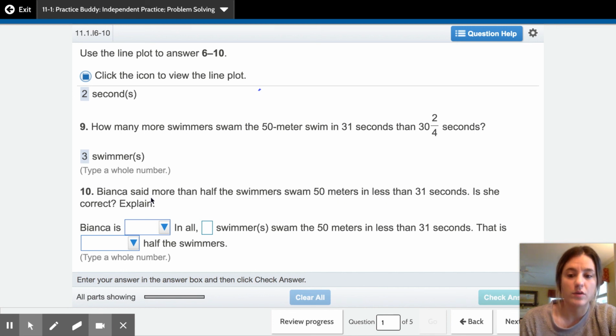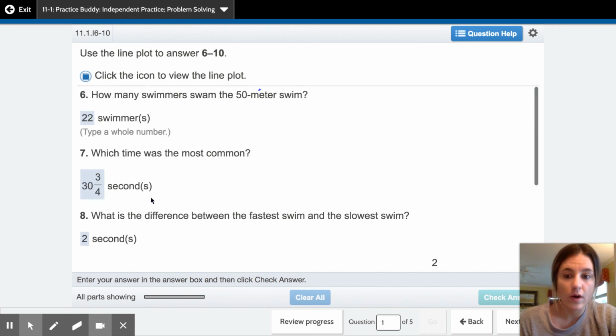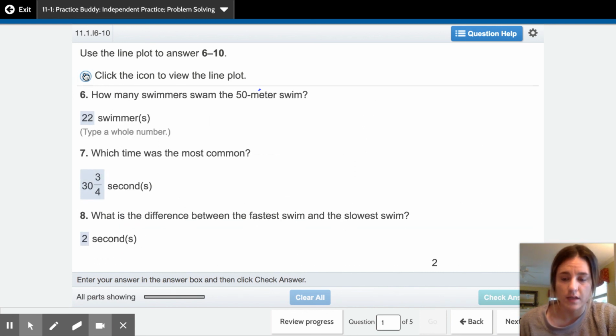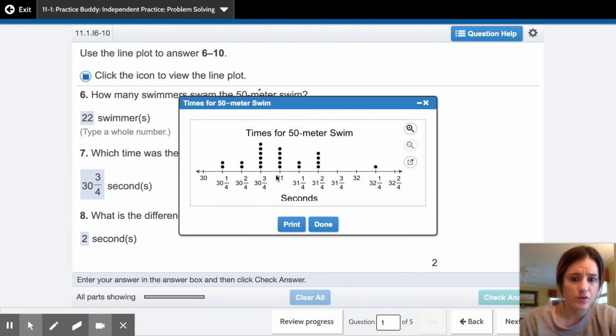Okay, and then down here, Bianca said that more than half the swimmers swam 50 meters in less than 31 seconds. Is she correct? Well, if we go back up here, there were 22 in all. So half of 22 would be 11. So there would have to be more than 11 dots in less than 31 seconds. So let's see. Here's 31. So let's count how many dots are less than. 1, 2, 3, 4, 5, 6, 7, 8, 9, 10.